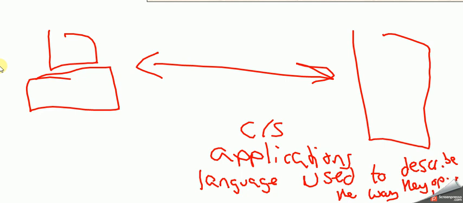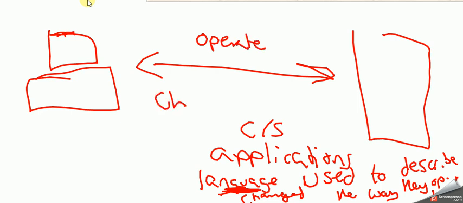I'm running out of space. So let me repeat that. In modern day computers and client-server architecture, things are the same as what I showed you previously, but with a slight difference. Client-server applications language, so the language used to describe the way these two operate, the language has changed.